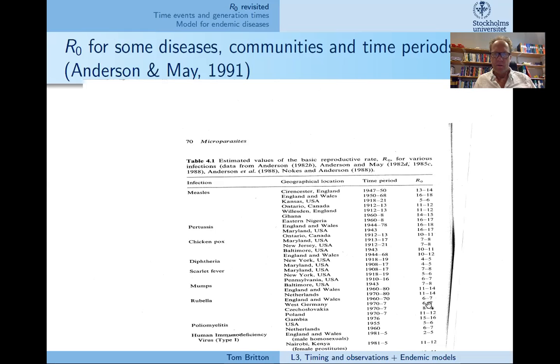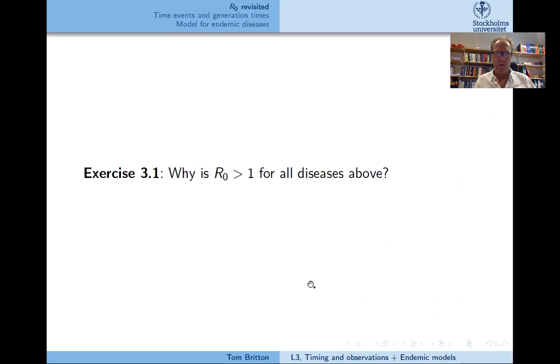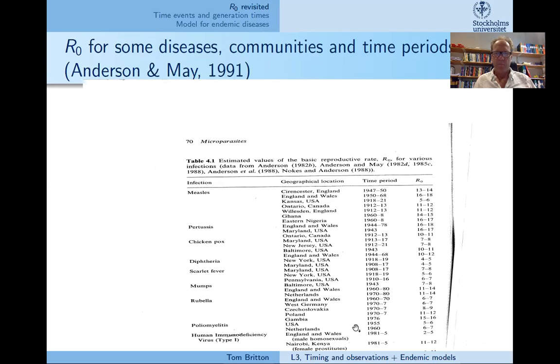So a question then is the following: why do all diseases on the previous list have R0 larger than 1? You see there are no estimates which have R0 smaller than 1. For instance, I would think that for COVID-19 in Norrbotten, R0 might actually be smaller than 1, or at least in the rural areas of Norrbotten.